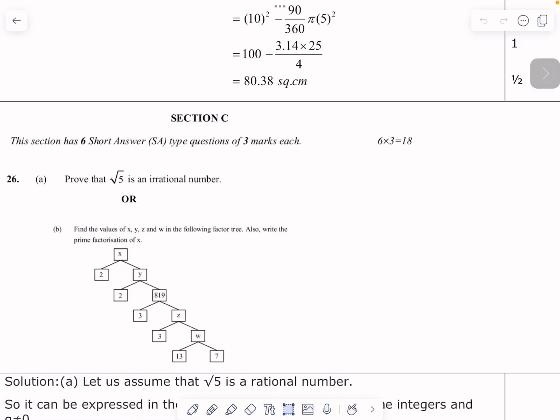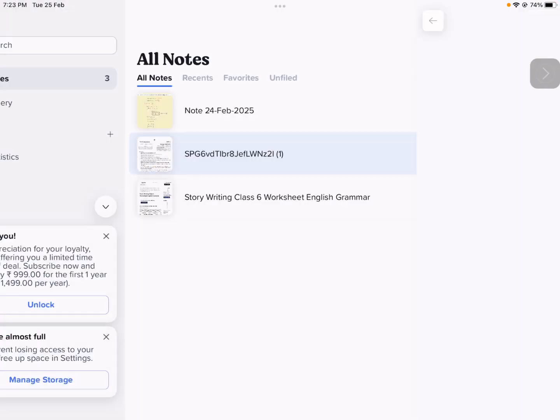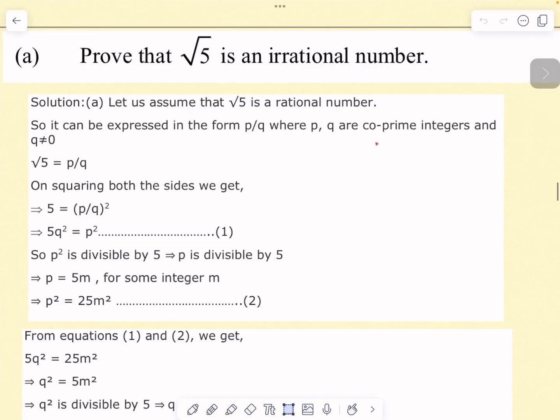Okay, move on. Prove that root 5 is an irrational number. To prove this, see here, prove that root 5 is an irrational number. So first we have to assume that root 5 is a rational number. Okay, so it can be expressed in the form of p by q, where p comma q are co-prime integers.